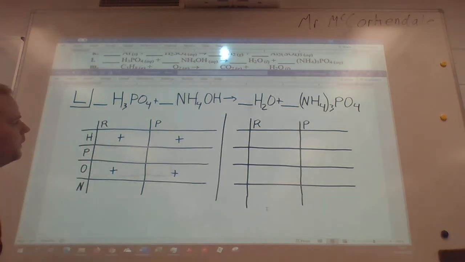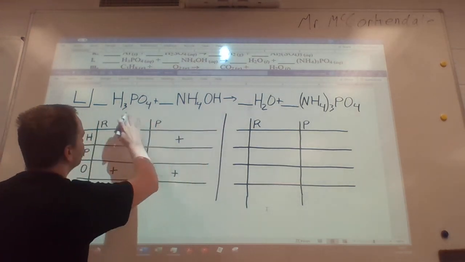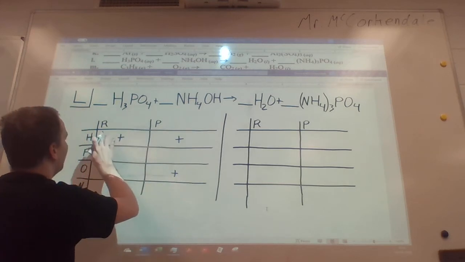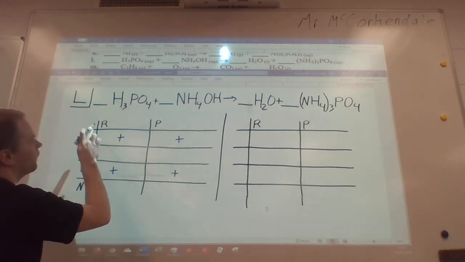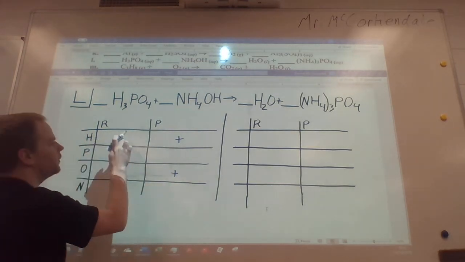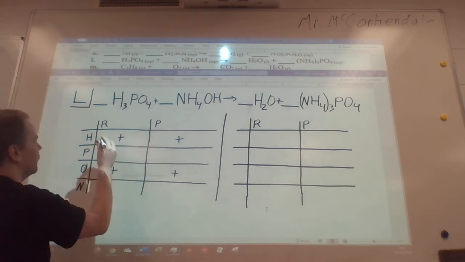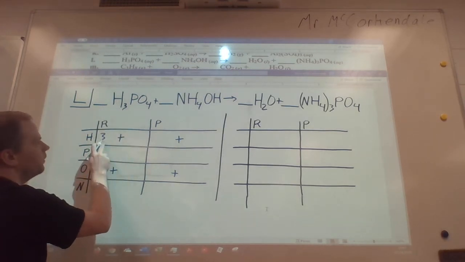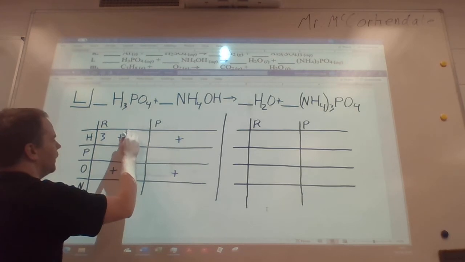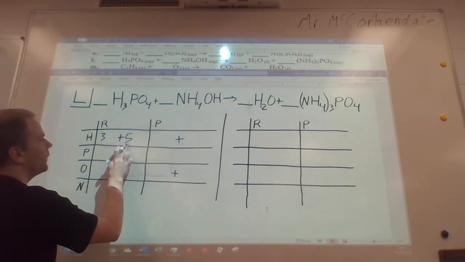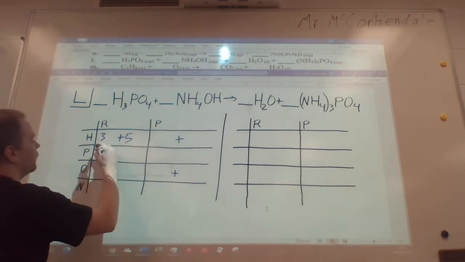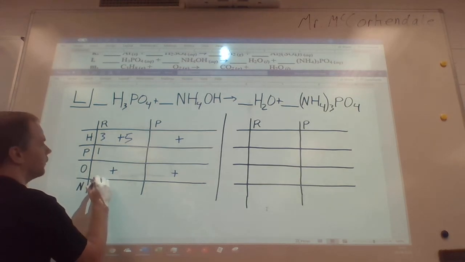And instead of listing all of the hydrogens, which would be 8 on here, we're going to put the first reactant here and the second reactant here. So there's 3 in the first one and 5 in the second. Then phosphorus, there is just 1. Nitrogen, there is just 1.